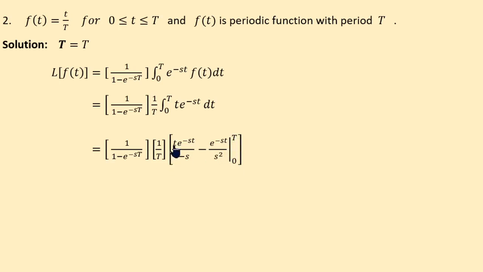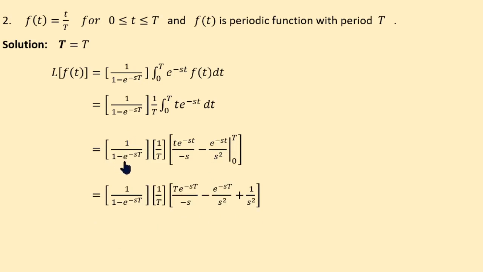For the upper limit it is T e power minus s capital T divided by minus s. The lower limit is t equals 0, so this is 0. Here the upper limit is minus e power minus s capital T by s square. The lower limit is e power 0, which is 1 by s square, minus of minus, plus 1 by s square.